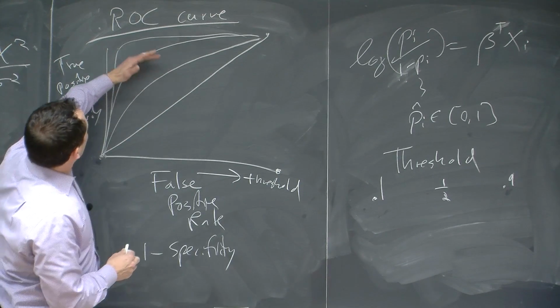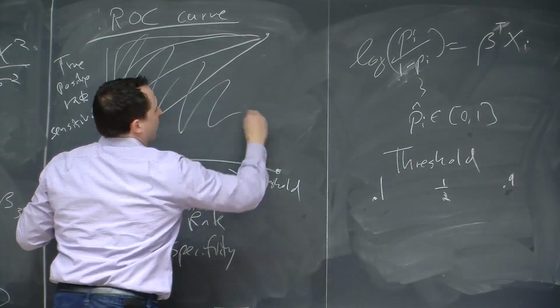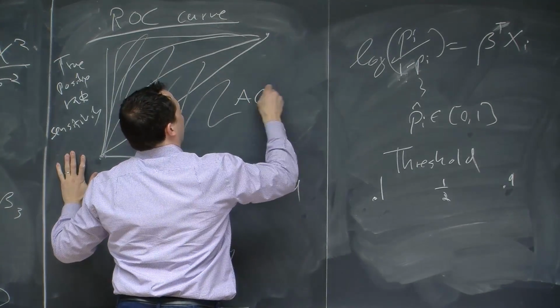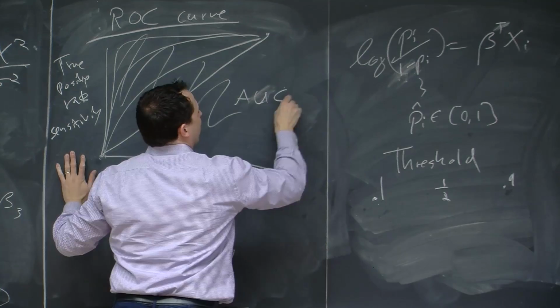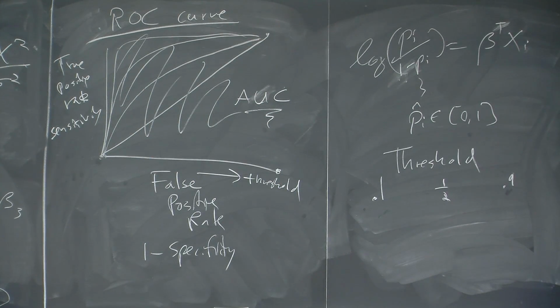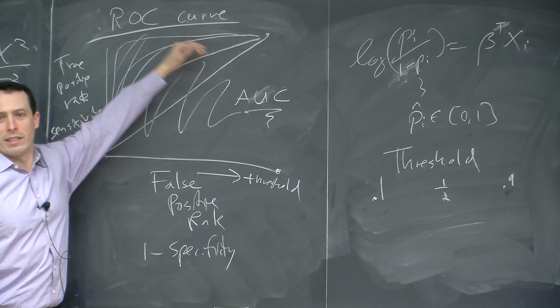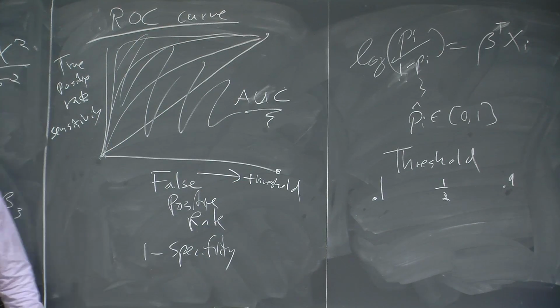It says, how close is this curve to the top? One good way to measure that is just to say, well, what's the area under the curve? And that's an often reported metric for the quality of a logistic regression or other sort of classifier. How close does it get to this ideal classifier that always gets the right answer without any cost?